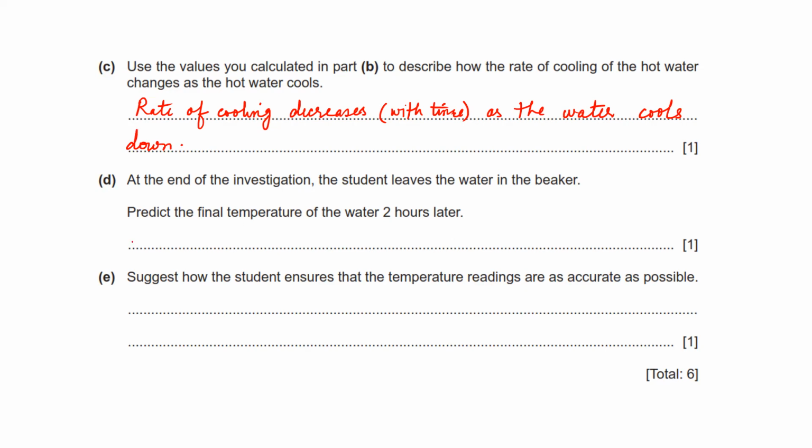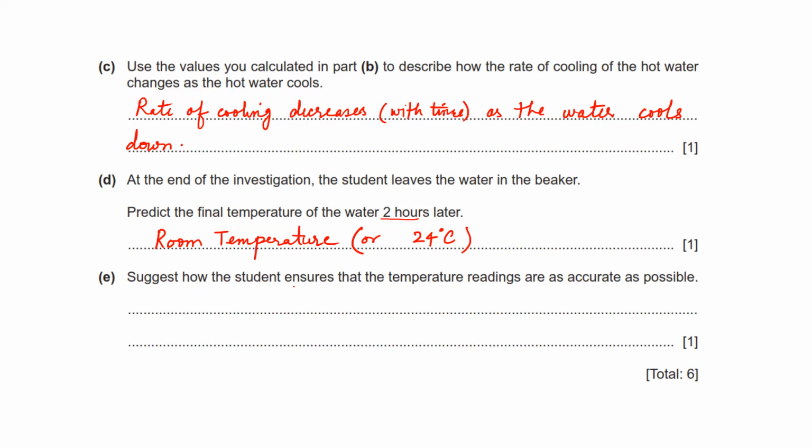Okay. Then it says at the end of the investigation, the student leaves the water in the beaker. Predict the final temperature of the water 2 hours later. So that temperature shall be room temperature. For example, the normal room temperature is standard room temperature 24 degrees centigrade. So we can also say 24 degrees centigrade.